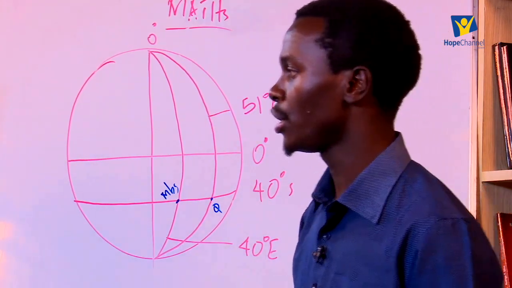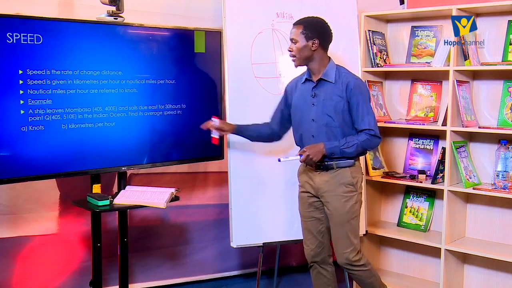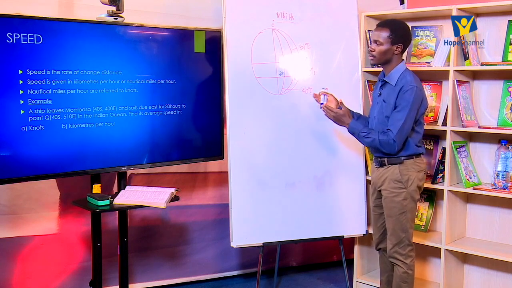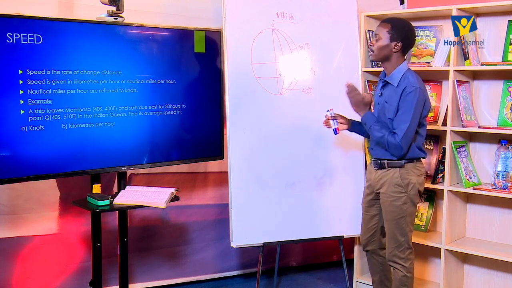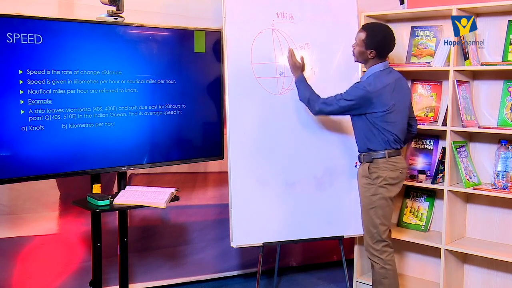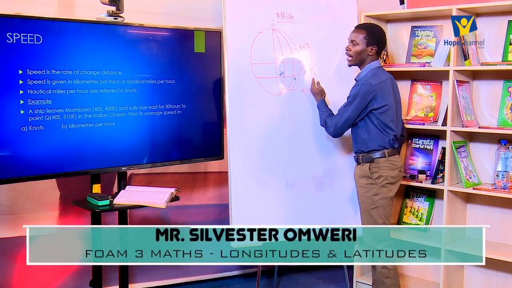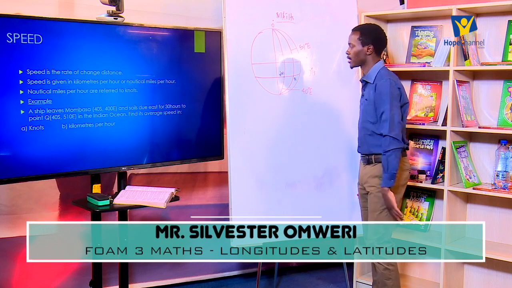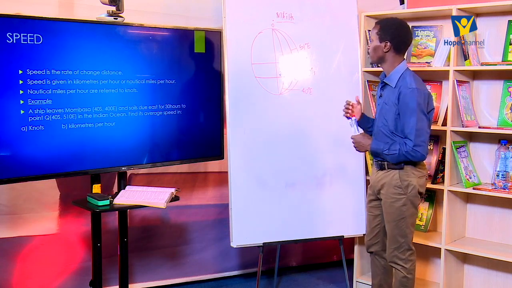So this ship is sailing due east, that is from Mombasa eastwards. I mean, we're increasing, from 40 all the way. In fact, you should know that from the prime meridian, the angles increase to the west and they also increase to the east.